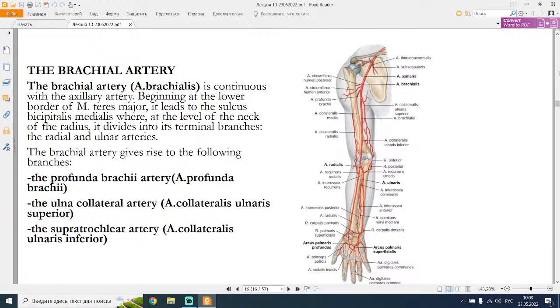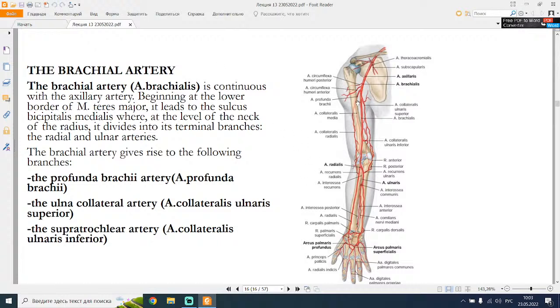The radial artery, arteria radialis, and arteria ulnaris.